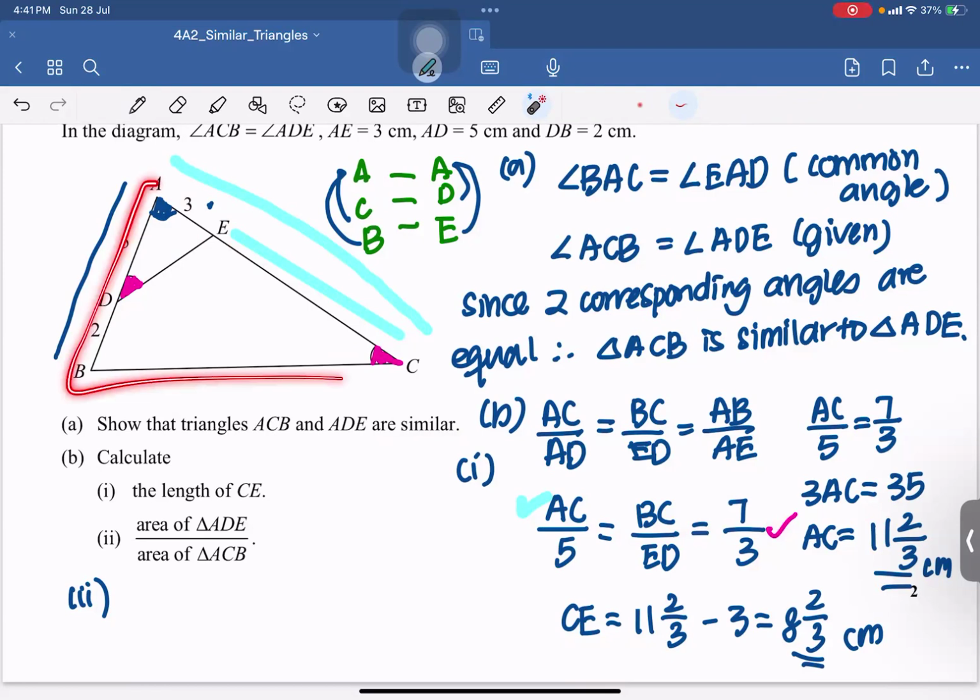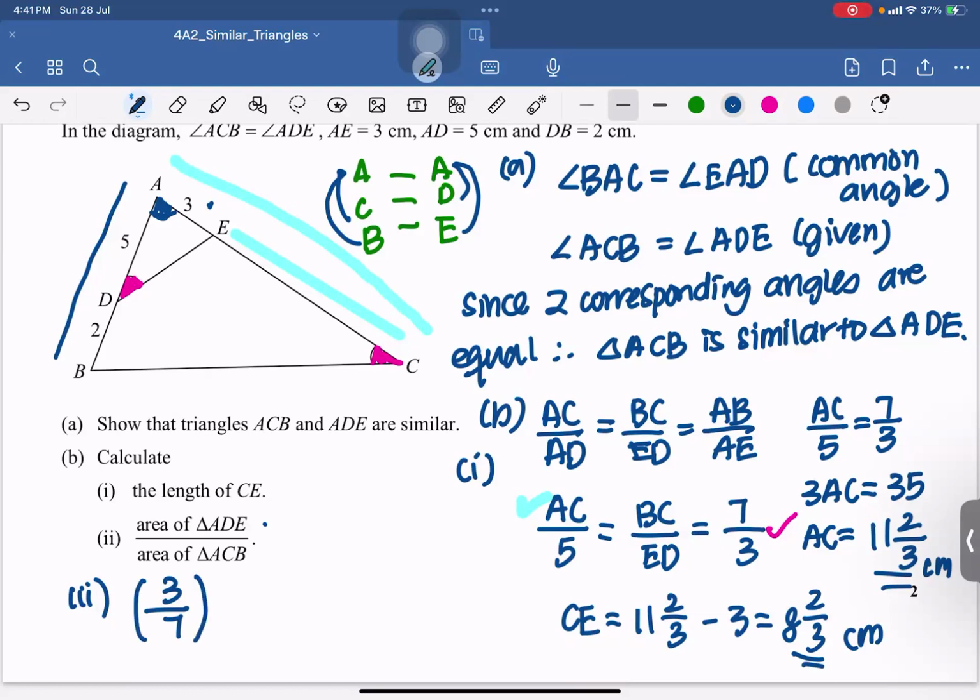For the larger triangle the length is 7. The smaller length is 3, but they want ADE, which is the small one, right? So I write 3 over 7. I'll take the ratio of the length, but the whole thing we need to square for area, right? We'll square to get area, so that will be 9 over 49. Have you gotten the answer?